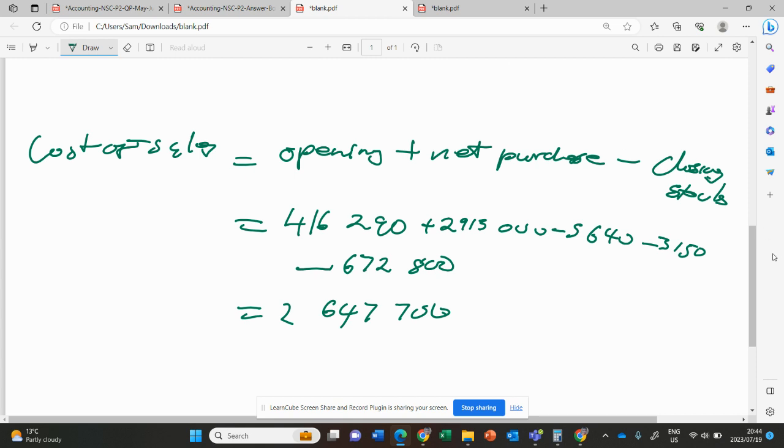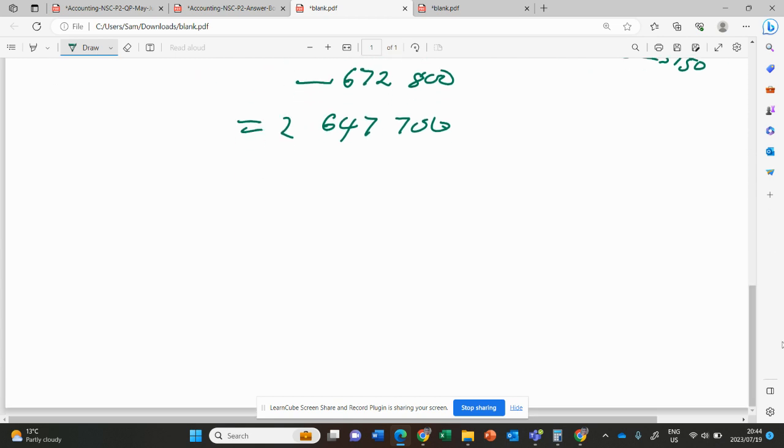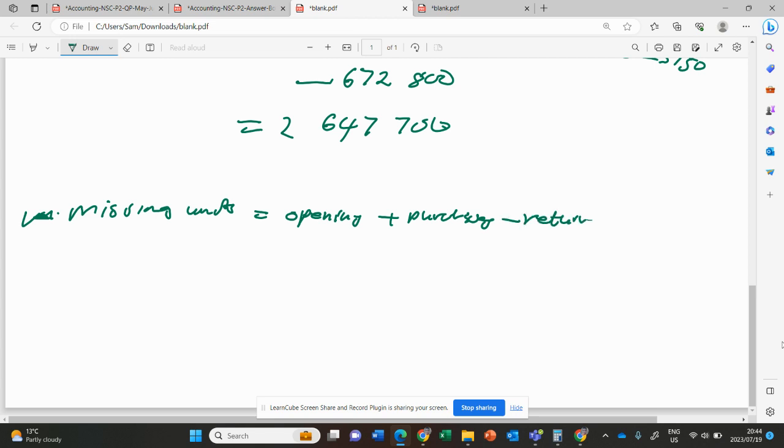So to calculate the missing units, we'll say opening units plus purchases units, then minus returns units, then minus sales units, then minus closing units.